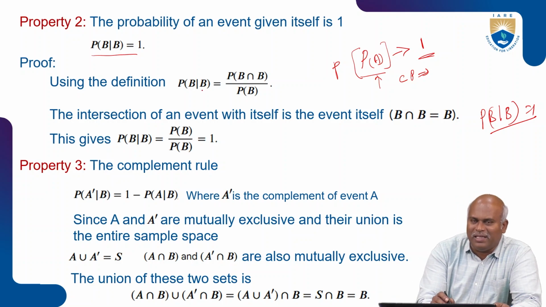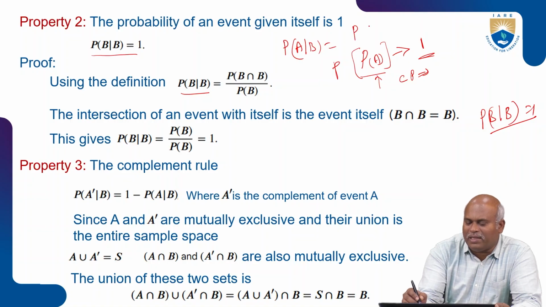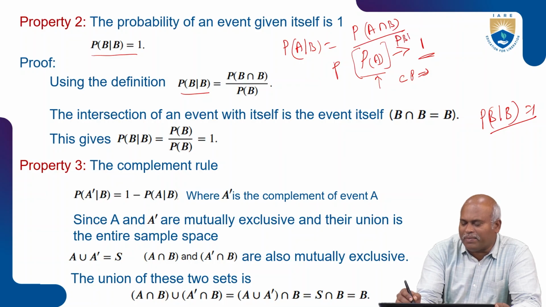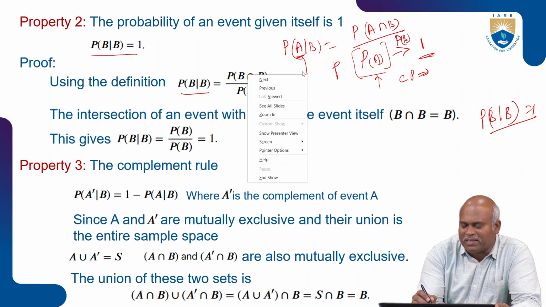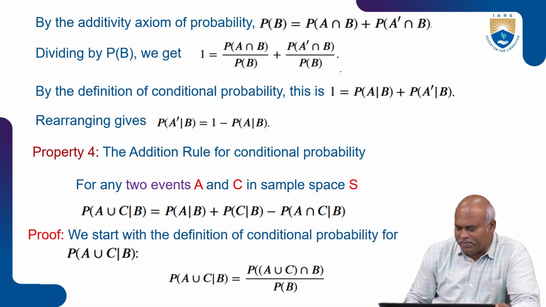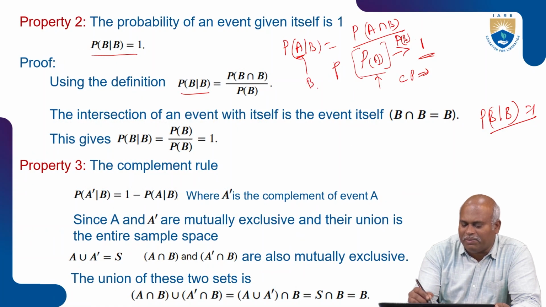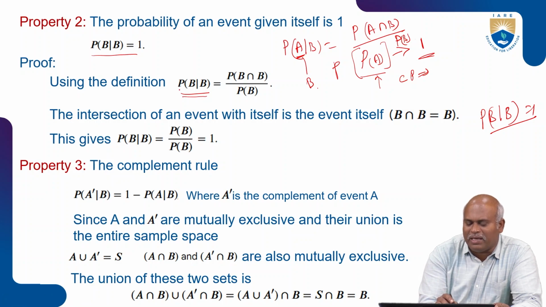P of A given B is equal to P of A intersection B divided by P of B. Now this one is represented as B. So I write P of B given B is equal to, we replace A with B in the equation.